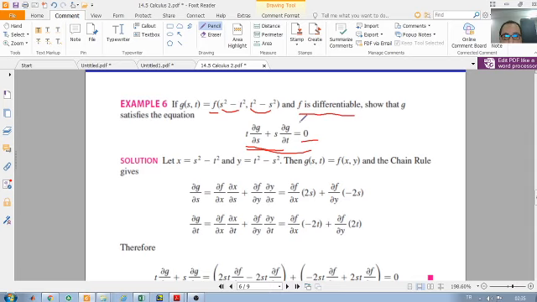So to make the calculation easier, let's assign variables for the function f, let's say x, y here. So x is corresponding to s squared minus t squared, you see, and y is corresponding to t squared minus s squared. So g(s,t) becomes f(x,y).